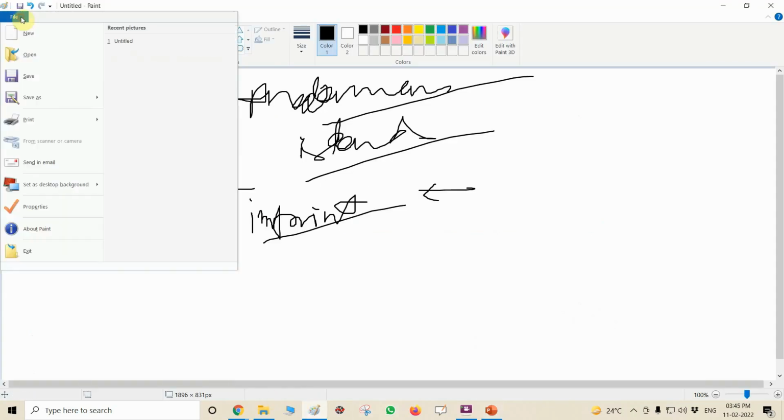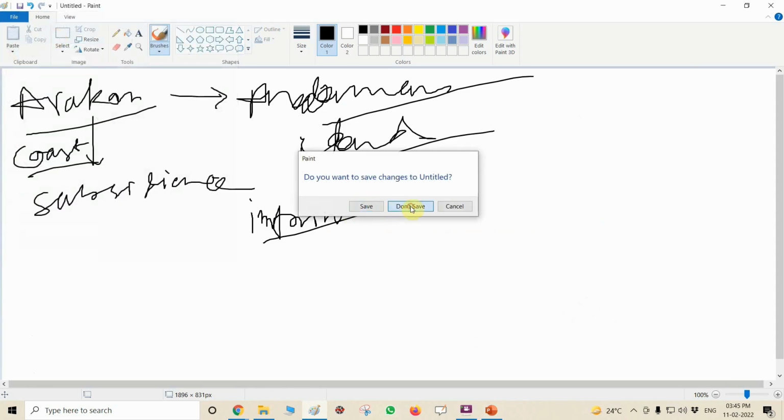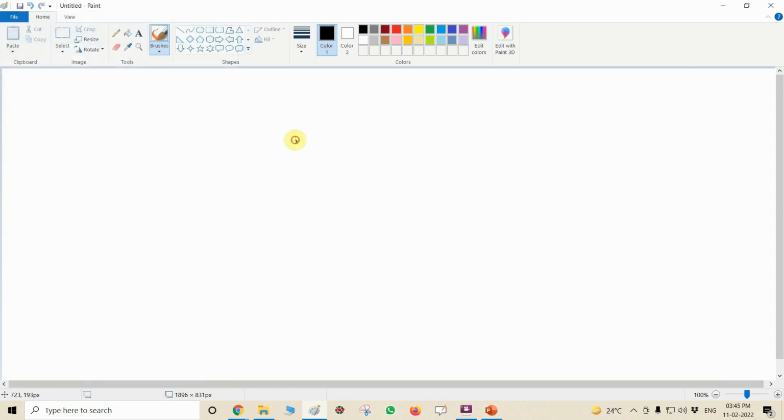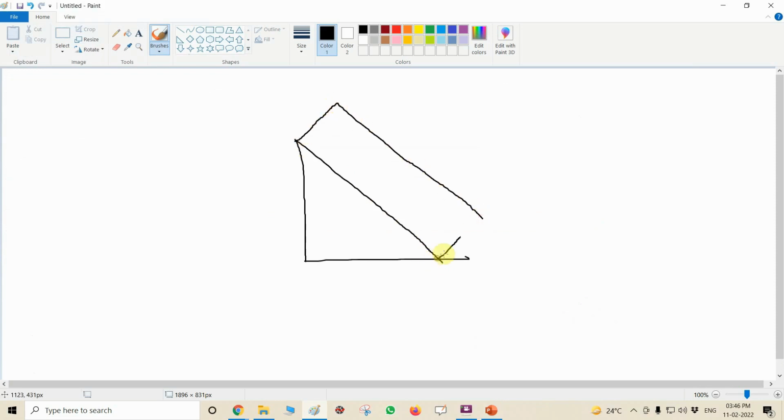To understand strike and dip, let me draw one inclined plane. I am considering this plane is inclined.